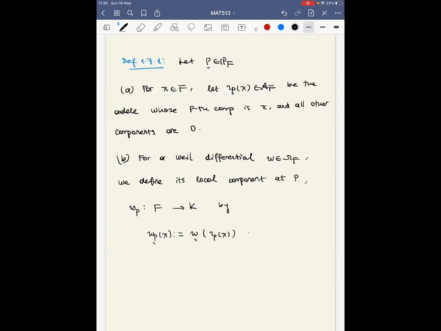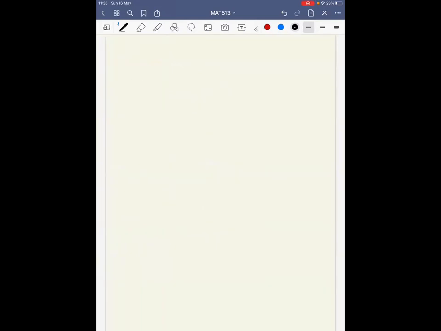First, we want to understand that these local components are not identically 0.